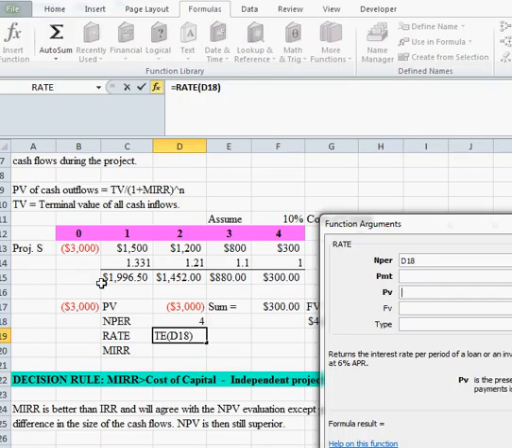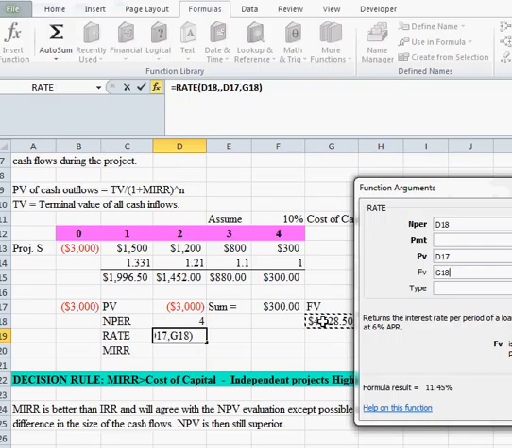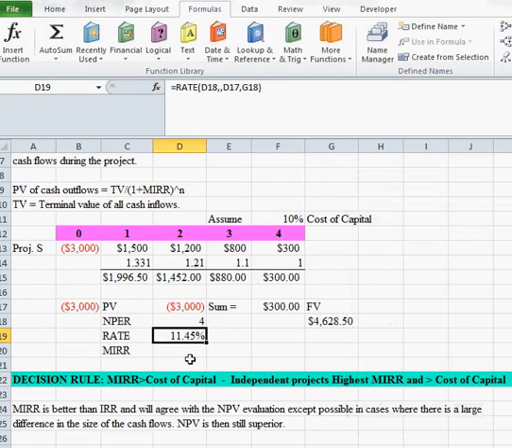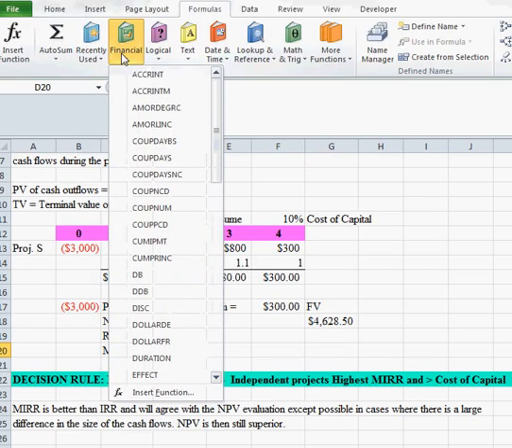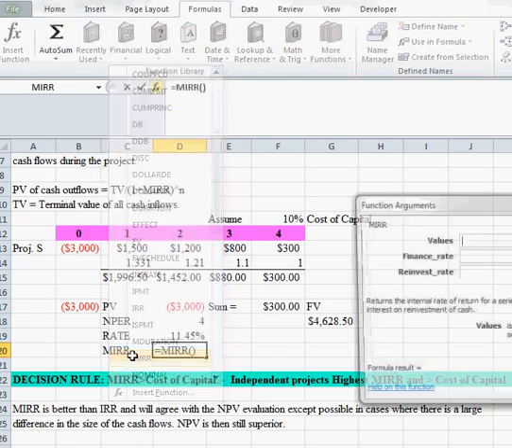Present value is the negative 3,000. Future value is the positive 4,628.50. And we say OK. And it tells us the return on this project, the modified internal rate of this project, is 11.45.